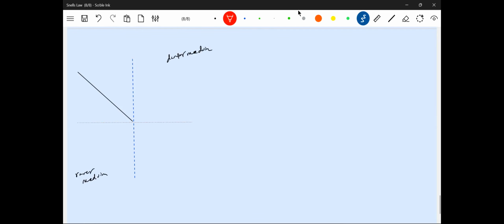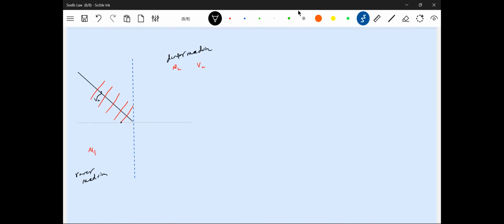Now both points on the wavefront are in the same medium. Now it will encounter a boundary here. This is the denser medium, mu2, and this is mu1. So the speed of the wave here will be v2, and v2 will be less than v1.